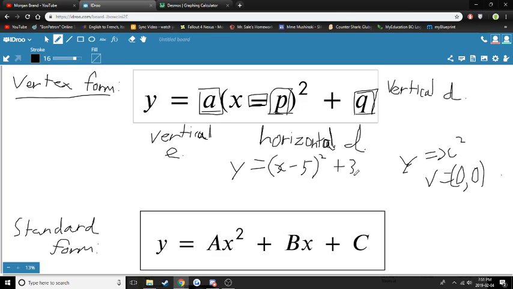Now, if you have it in vertex form, and you have p and q, then for q you add 3 to the y value, so 3. Then for p, you want to take the opposite of this, because in the notation it has a negative sign, so negative 5 is positive 5. This would be where the vertex of this graph is.